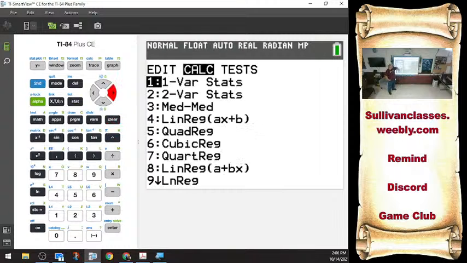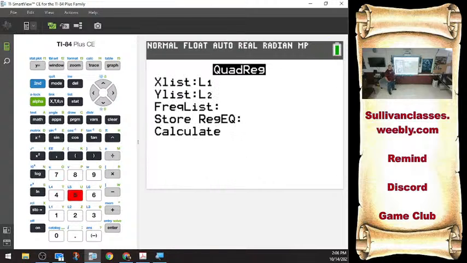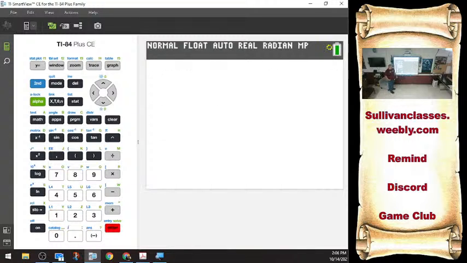Stat, Calculate, Quadratic regression. If I want to store it, if you're on the old TI-83, it will be variables, the y's, the function y1. If you got an 84, you get a nice pop-up menu. We've done it enough times.